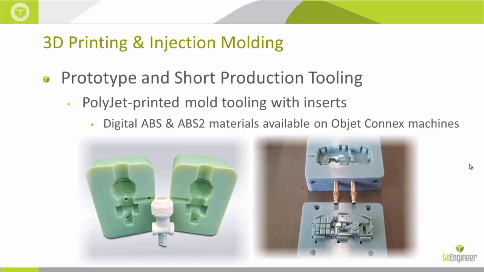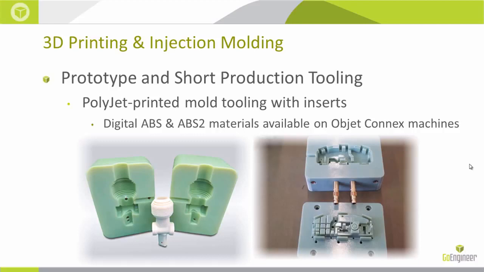So what we're doing now is we're actually printing the injection mold tooling. So this is a PolyJet only application, and really we're going to be using the digital ABS or ABS2 materials that are available on the Connex machine. We have seen people use the Vero materials that are available on the Objet Pro machines, but they're not quite as durable as this green ABS, digital ABS material.